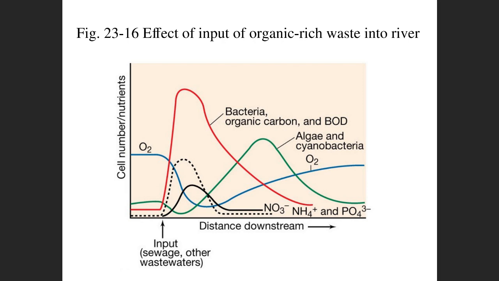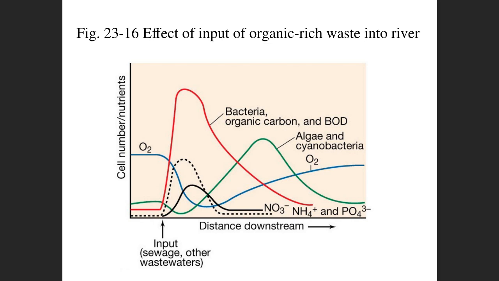But as you go away, the bacterial growth breaks down a lot of small nutrients, and then these unused nutrients are used by the algae and cyanobacteria, and those will have a boom increase. But then as you go further downstream, this bump, this change, gets restored.